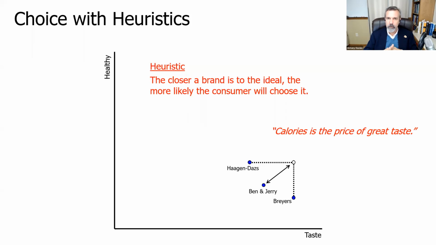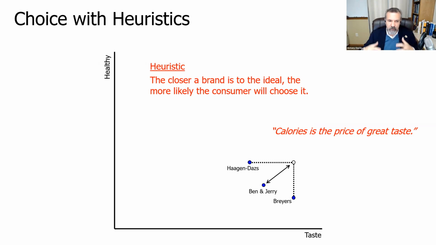Now, what did they just do? With that ad campaign, they were attempting to convince consumers that this ideal that the consumer had in mind, the taste of Breyers and the low calories of Haagen-Dazs, that ideal didn't exist.